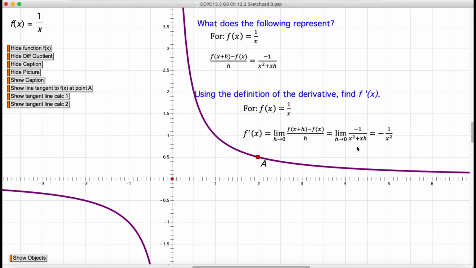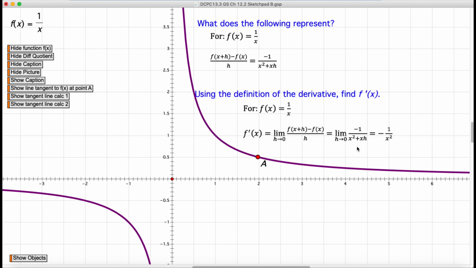So f prime of x equals -1 over x squared. That's the derivative of our function 1 over x. We can substitute in any value for x that I want, and I can find my instantaneous rate of change, the slope of my tangent line at a specific point.